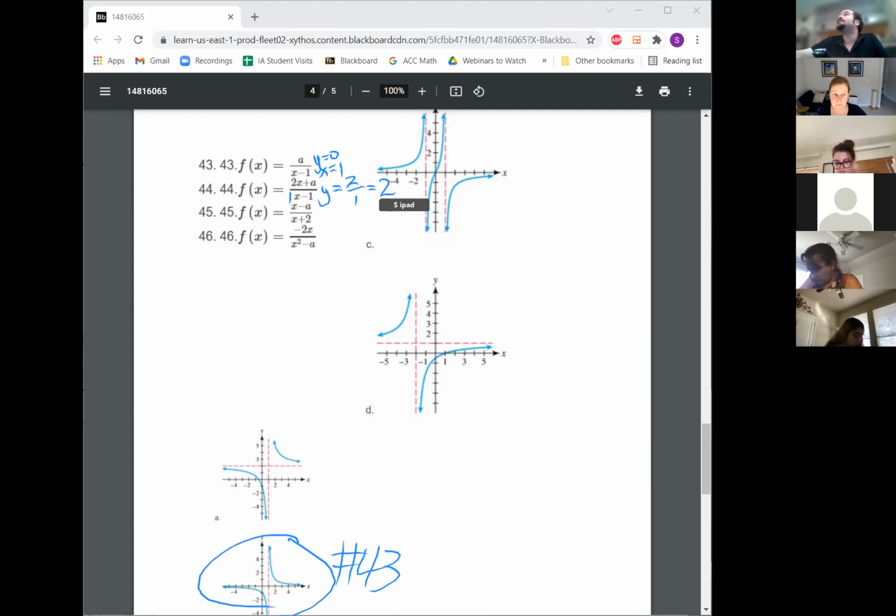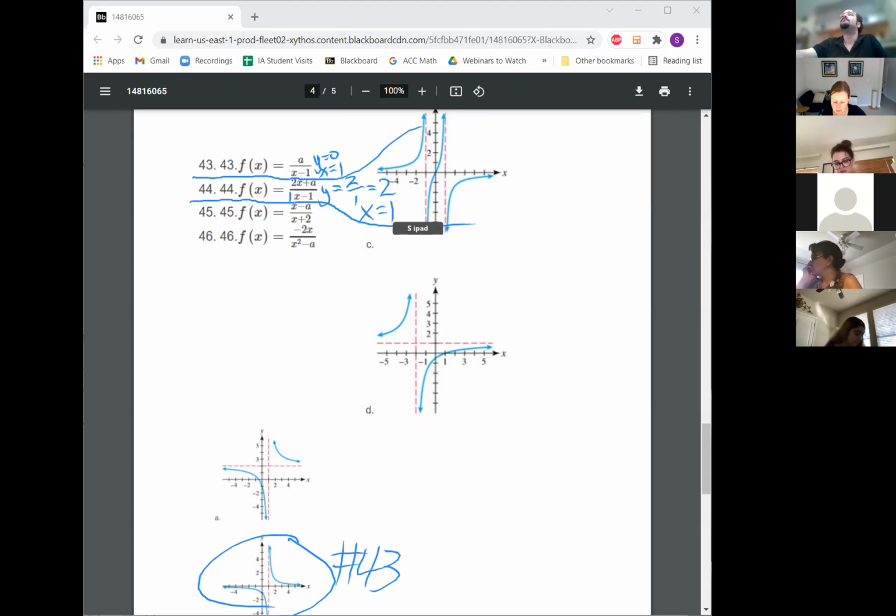Okay. And then what about the vertical asymptote? I'm not really sure. We set the denominator equal to 0. So x minus 1 equals 0. So it'd be x equals 1, right? Yeah, exactly.